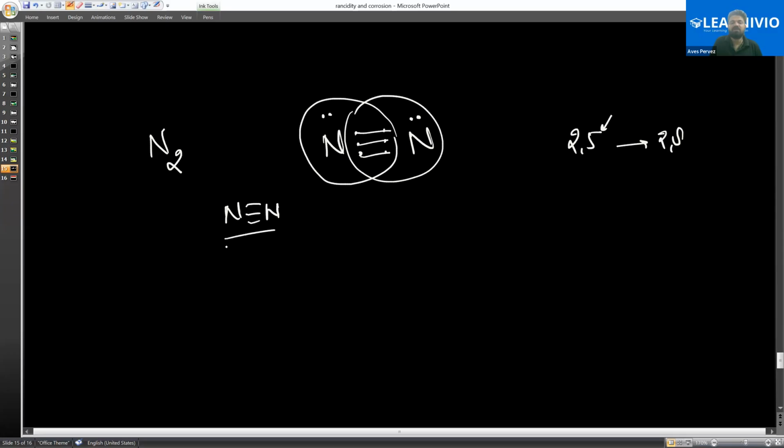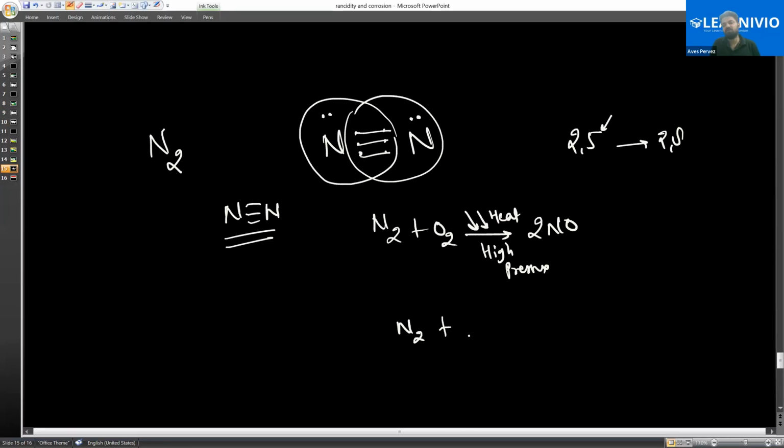Because of that triple bond, nitrogen does not react with anything. Even though I have taught you about the endothermic reaction, nitrogen will react with oxygen to give 2NO, which requires a large amount of heat and high pressure. Nitrogen will also react with hydrogen to form ammonia.